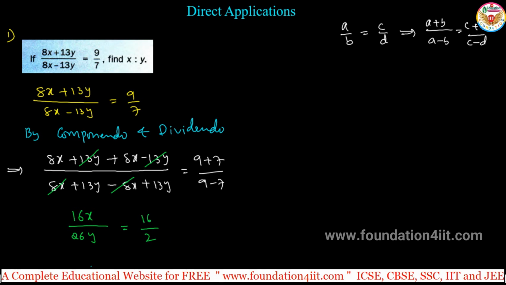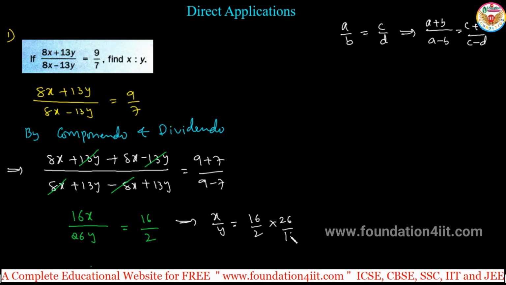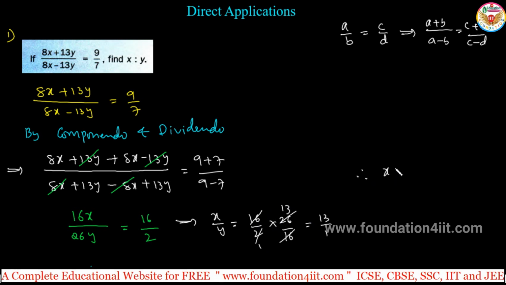From this you have to find x divided by y. So x by y is equal to 16 divided by 2, times 26 by 16. You can simplify this, 16 cancels, 2 ones are 2, 13. So 13 divided by 1. Therefore x is to y is equal to 13 is to 1.